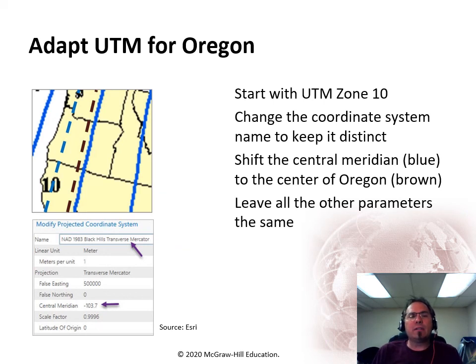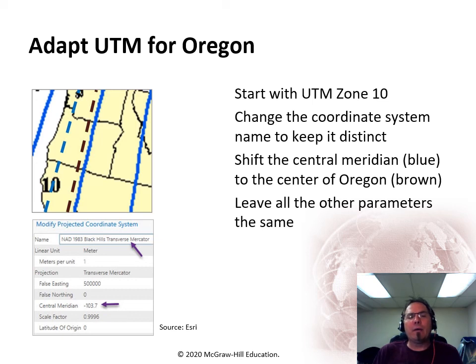So here's Oregon. Oregon is bisected by two different UTM zones here. So what you can do is shift the coordinate system to keep it distinct. You can shift the meridian, which is the blue line, or shift the center of Oregon.